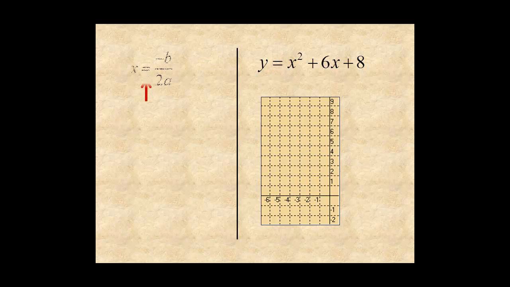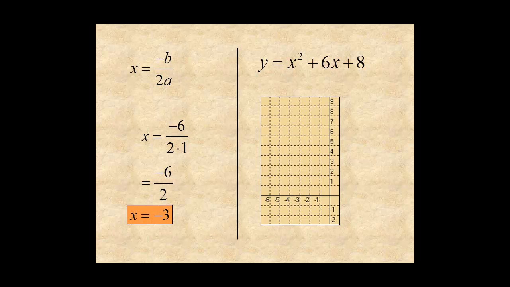Next, use the formula to find the equation of the axis of symmetry. The linear coefficient b is equal to 6, and the leading coefficient a is equal to 1. So you have negative 6 over 2, which is negative 3. And the axis of symmetry is the vertical line x equal negative 3.